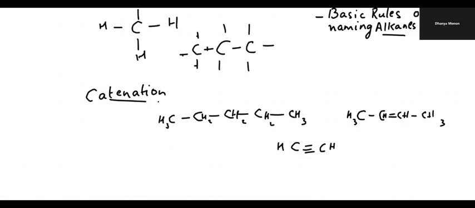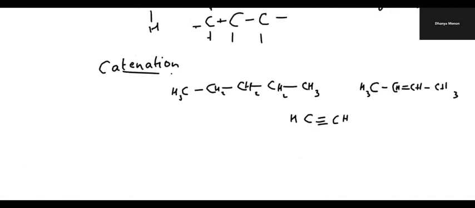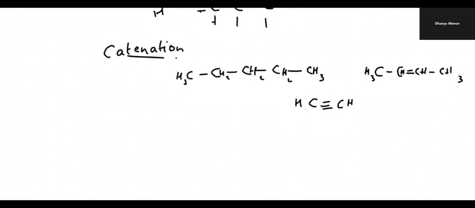For example, carbon displays this property. It forms a long carbon chain by bonding with other carbon atoms, and these bonds are very, very strong and also very stable. So this is the property of catenation. Sometimes it may also form branched chains. For example, you can see here, branchings are there.